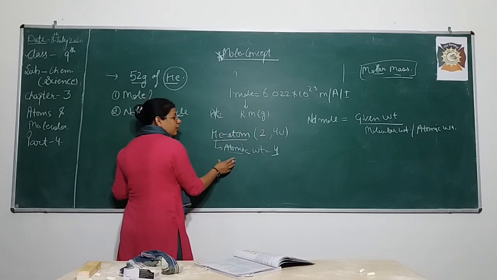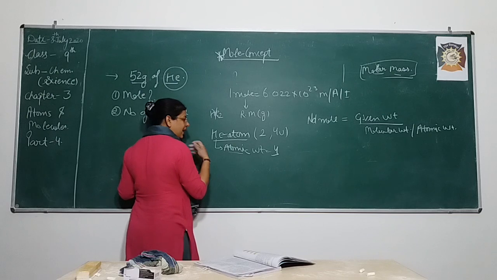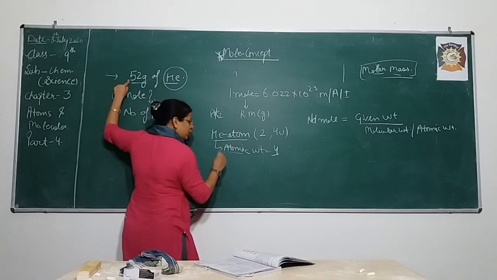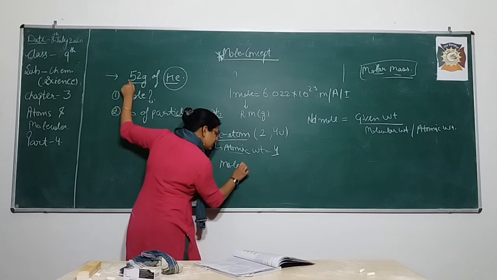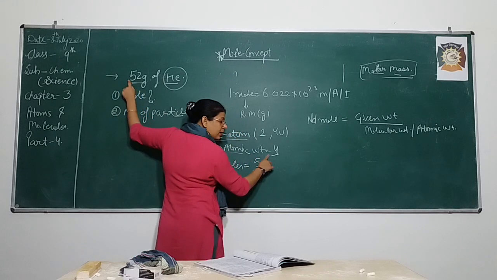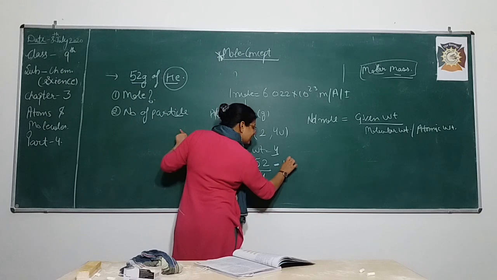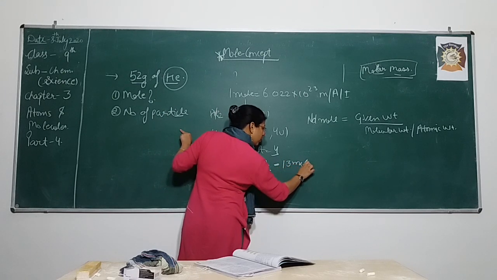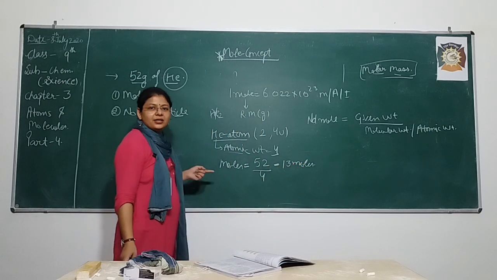With the help of the formula, atomic weight is 4, I know that. Given weight is 52. So the number of moles is equal to given weight 52 divided by atomic weight 4. So the answer is 13 moles. Very easy to calculate the number of moles.